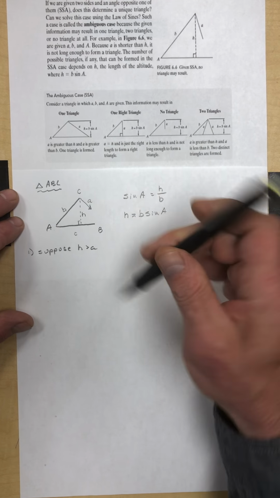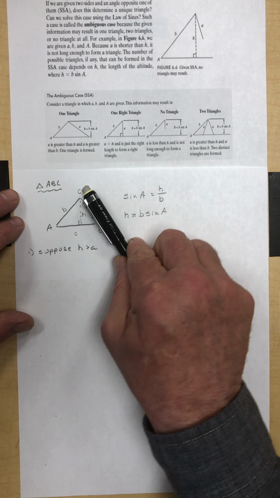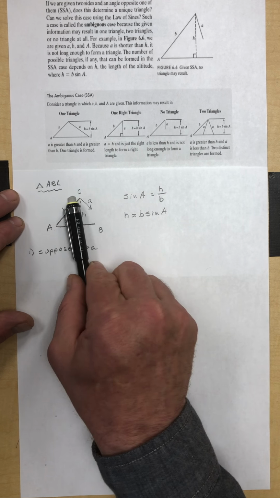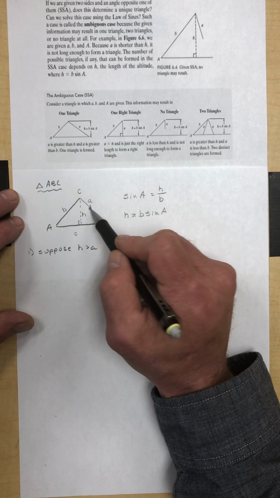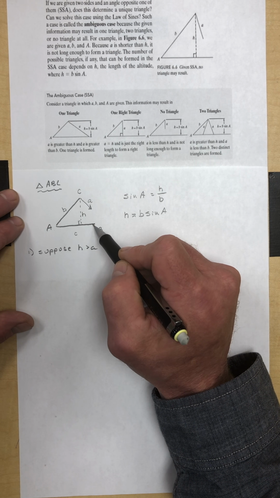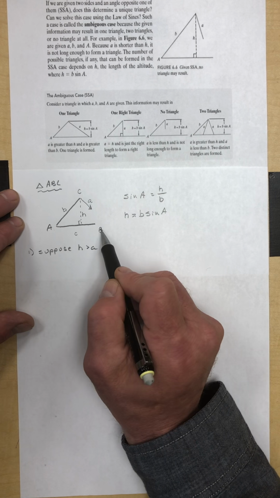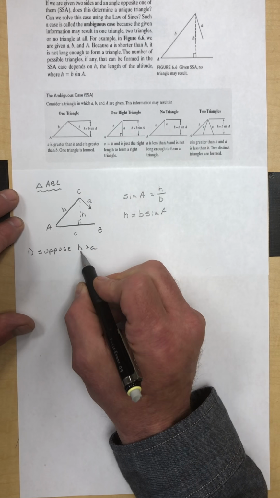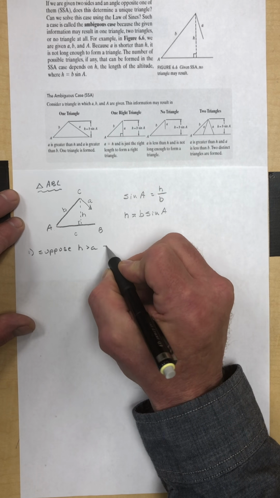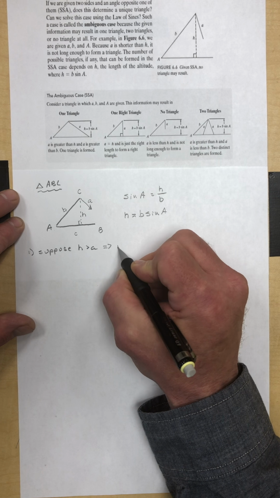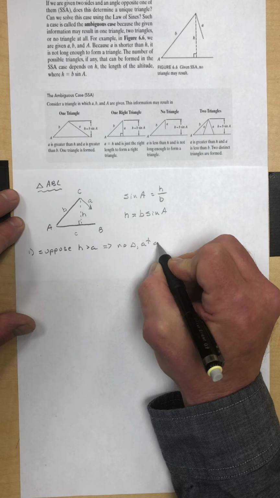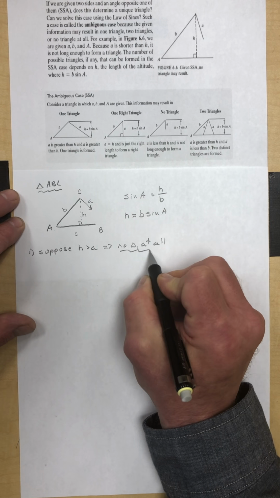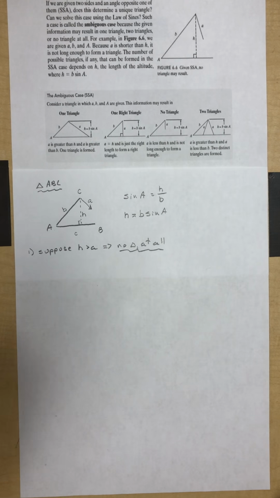Then there is no way to swing little a down and even make a triangle. It's just going to hang there, because the height is too high. Little a couldn't even reach down to this side and form a triangle. So if the height is greater than a, there is no triangle at all. We can't even form a triangle. That's one situation that could happen.